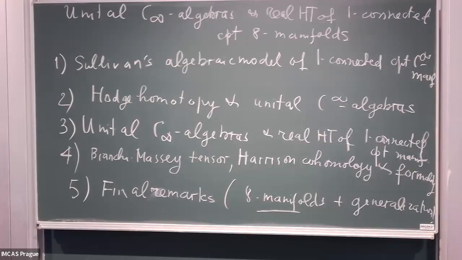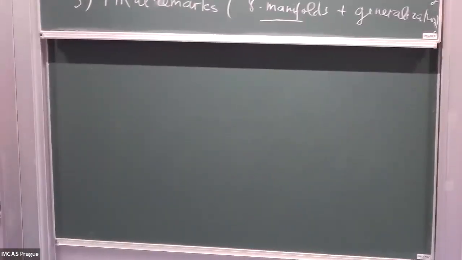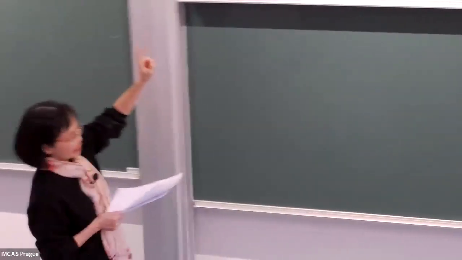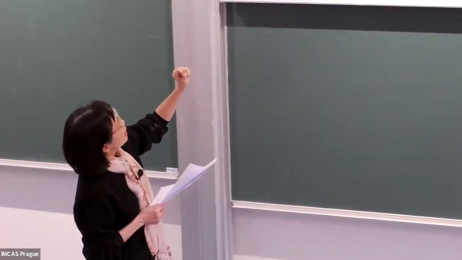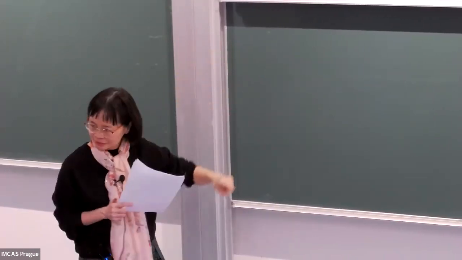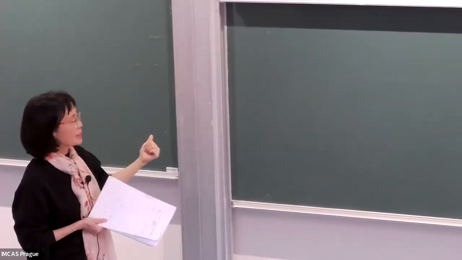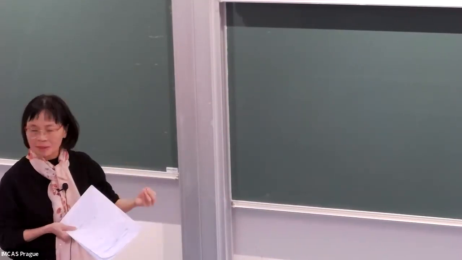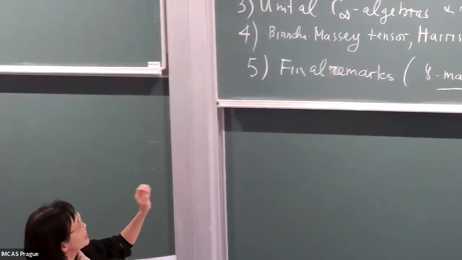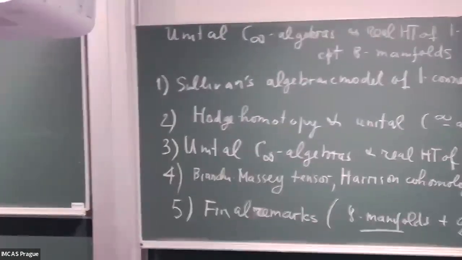Thank you, Igor. My talk today is in some sense a continuation and a complement to the talk by Johannes Nordstrom in May. He spoke about the Bianchi-Massey tensor and the rational homotopy type of unconnected compact 8-manifolds. Then last month, Kadeshvili gave a talk about A-infinity, B-infinity, C-infinity, and many infinity algebras and homotopy theory.